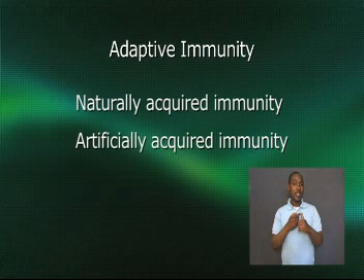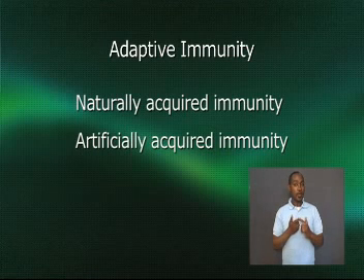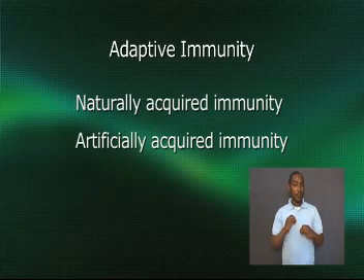The first is naturally acquired immunity, which means that contact with a disease-causing microorganism happens naturally and is not deliberate. And the second part is artificially acquired immunity, which means that contact with a harmful microorganism happens deliberately. For example, a vaccination is an artificially acquired immunity.